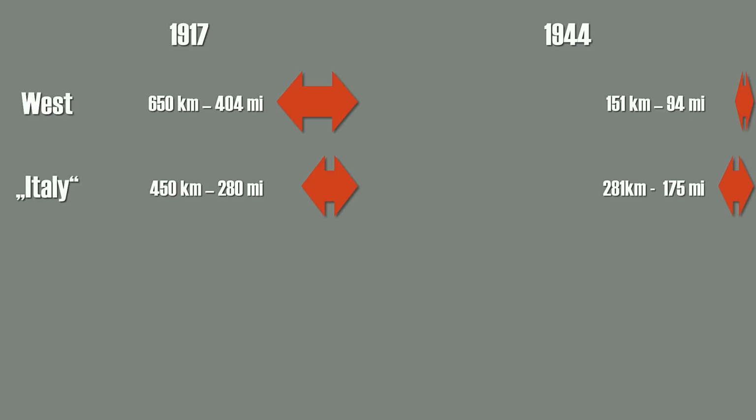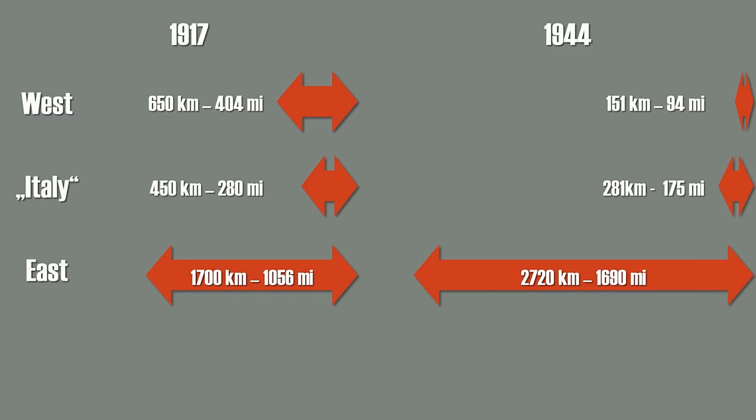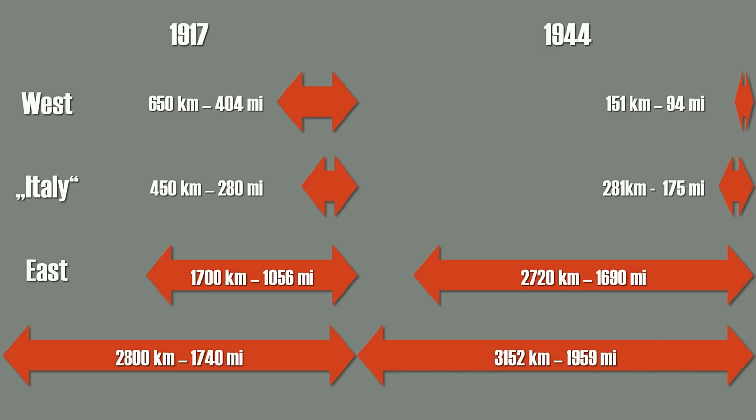Yet the huge difference was on the Eastern Front, with 1,700 kilometers in the First World War versus 2,720 kilometers in 1944, whereas the latter number does not include the front lines in northern Finland and Norway. In total, the length of the front in 1917 was 2,800 kilometers, whereas in 1944 the front line was 3,152 kilometers.